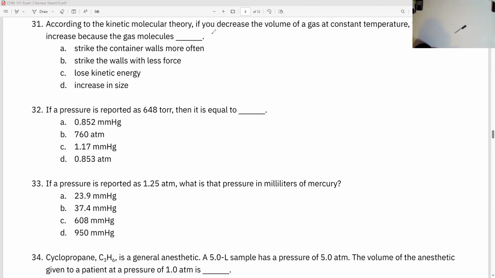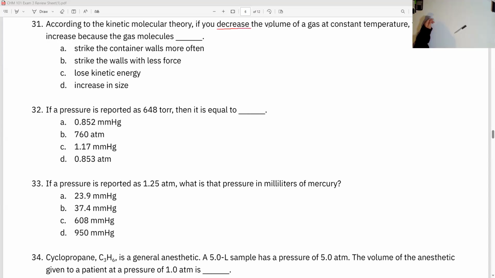Remember what we talked about: the big thing that causes pressure is the number of collisions that gas particles have with the walls of their container. Anything that you do that increases the number of collisions is going to increase the pressure. Anything that you do to decrease the number of collisions is going to decrease the pressure.